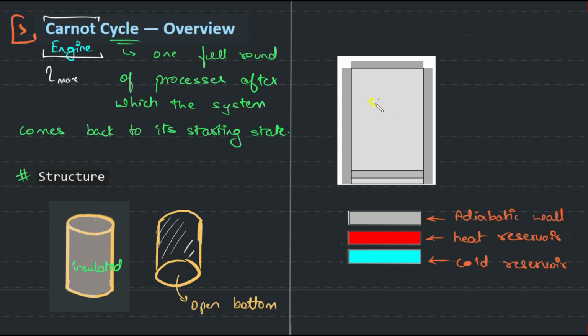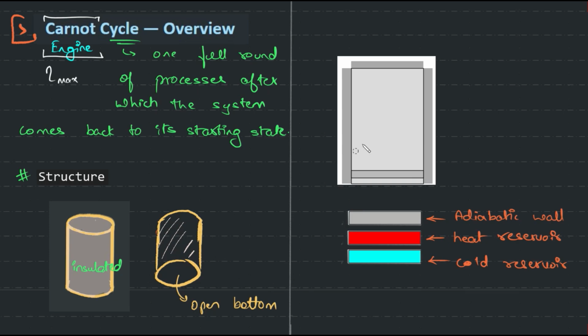Actually, this will be our system: the space between the piston and this will be our system. Everything else is the surrounding. So when we touch this, that will be the surrounding in contact with the system. Okay, so that's your piston. It's too congested, let me erase this off. So this is the basic structure.